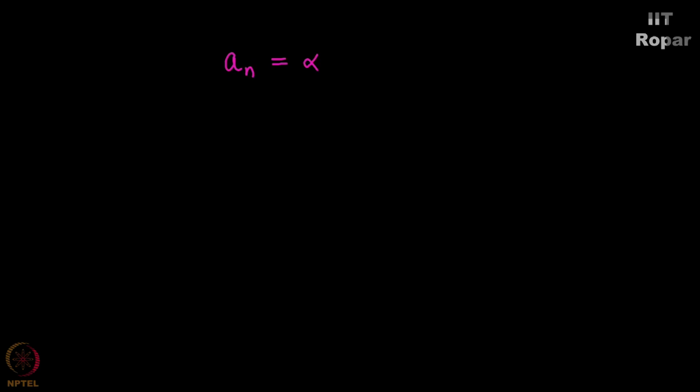So, I can write an as alpha 1 into 2 to the n plus alpha 2 into 1 to the n, right? Now, if I substitute n as 0 in this, what will I get? Anything to the 0 is 1, and hence I will get a0 is alpha 1 plus alpha 2.